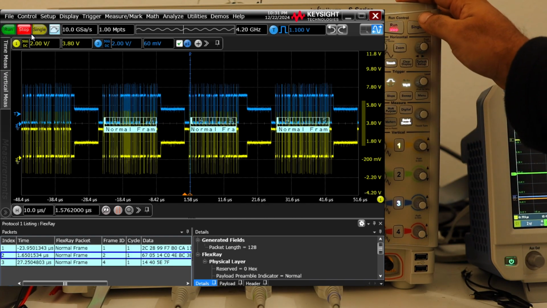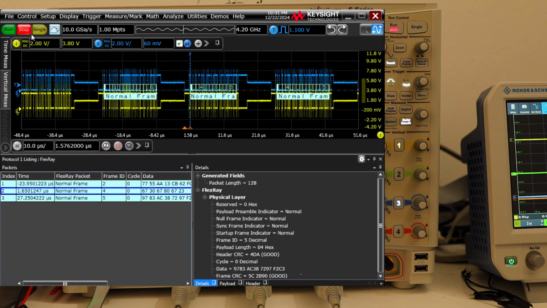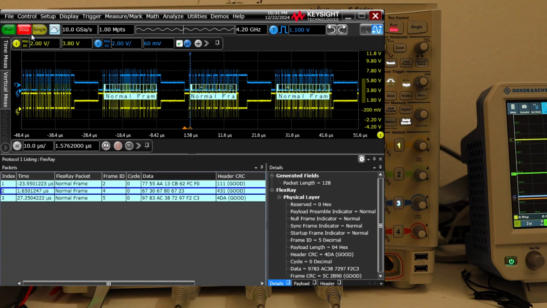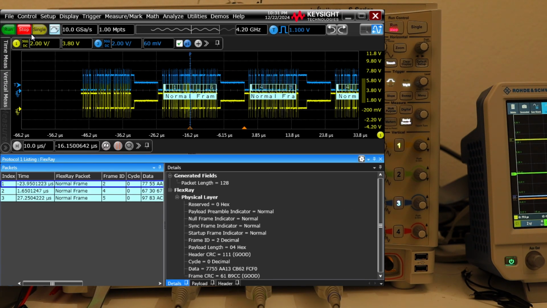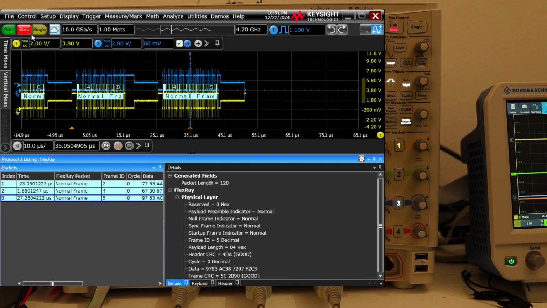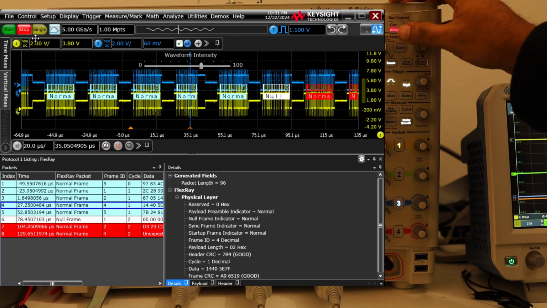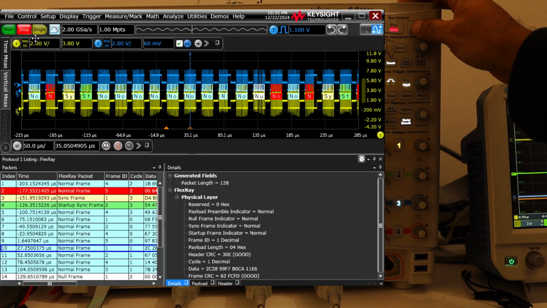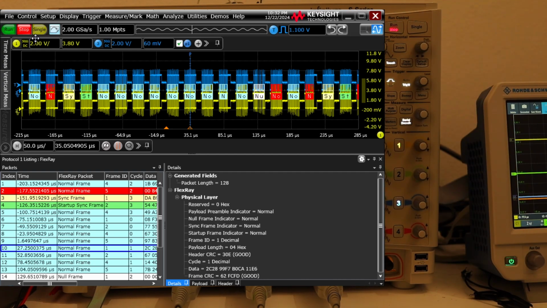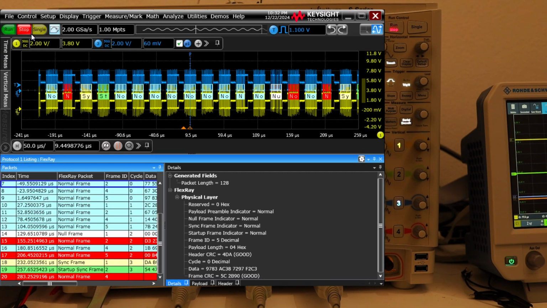Okay, so we'll do a single capture and we will see if we have detected this 198-bit long frame. And the packet is 128-bit, 128-bit. I do not see any 198-bit frame. So they all appear to be 128-bit frames.